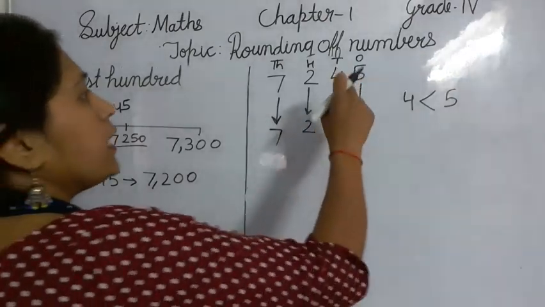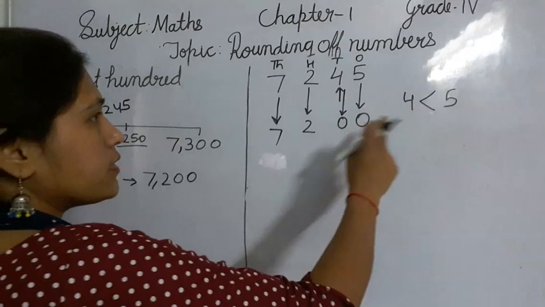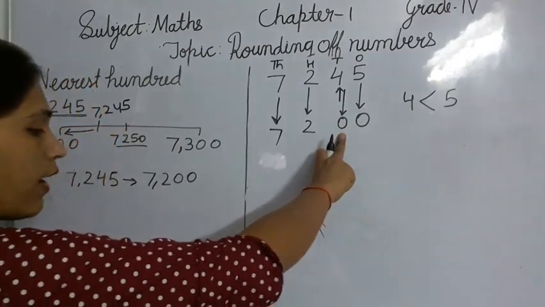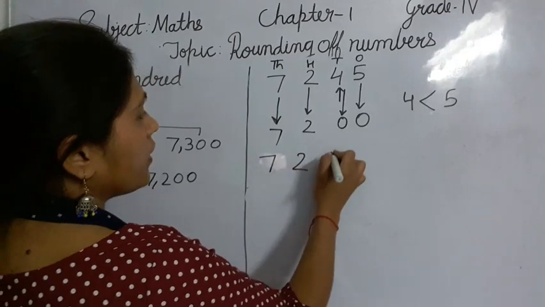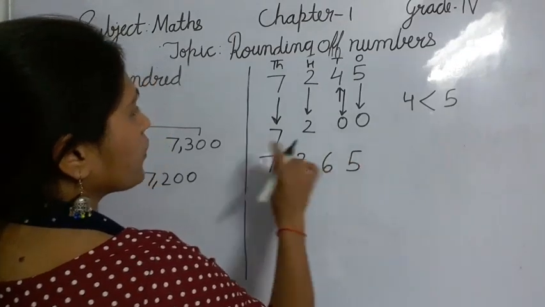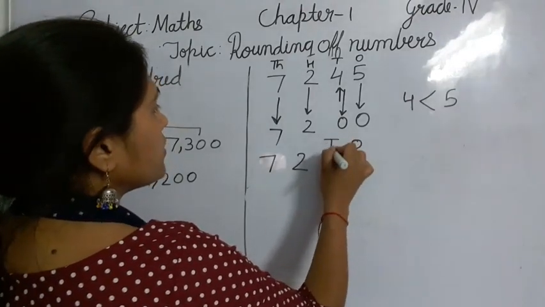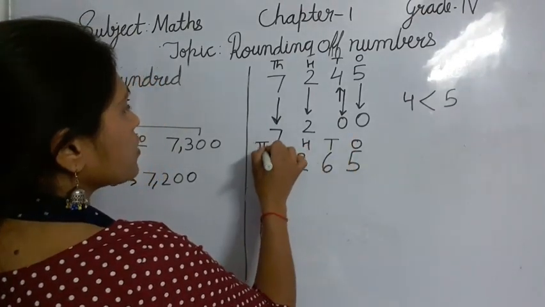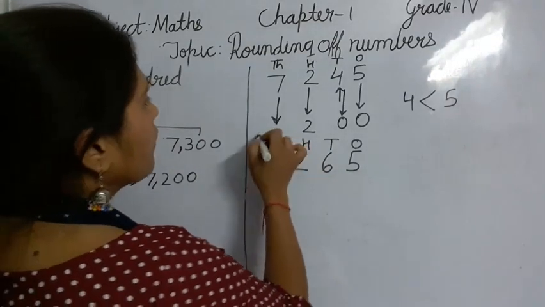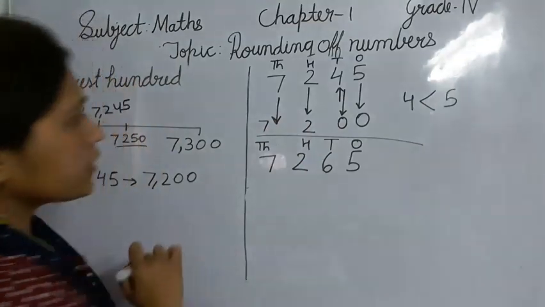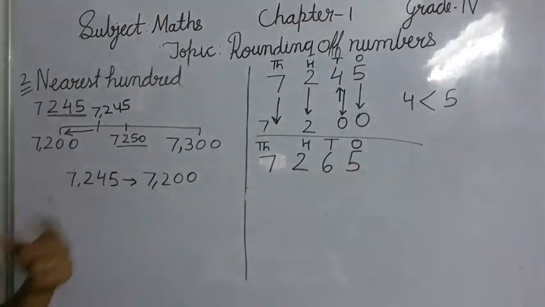Now what happens if the digit is greater than 5 or equal to 5? So let's take another example, 7265. In this, ones, tens, 100, 1000. Okay, so now it is clear. 7265. Again what do we need to do?